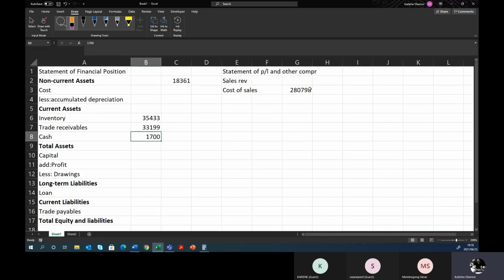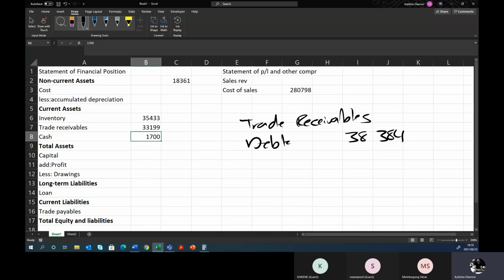Okay, so if we had a note, we would have trade receivables. I would have debtors control, which is sitting at 38384. I would subtract from my trade debtors my credit losses, in brackets.